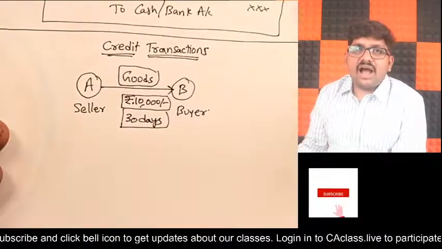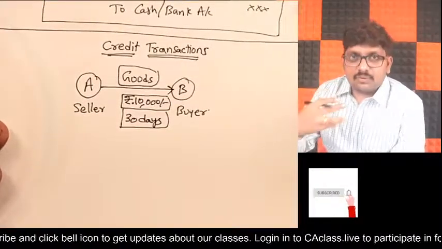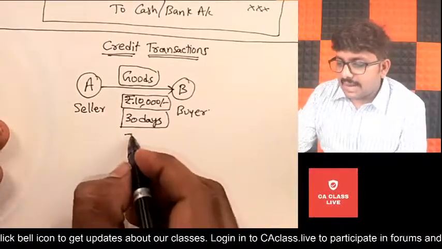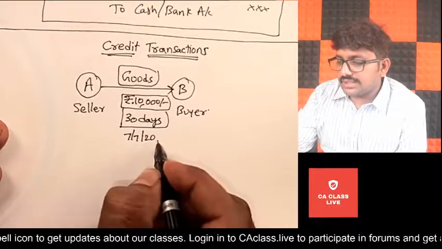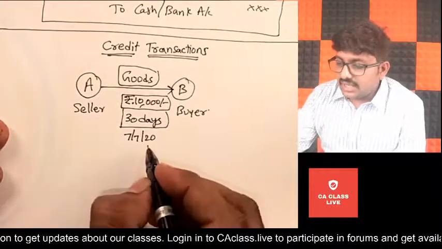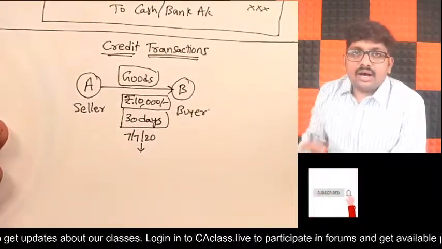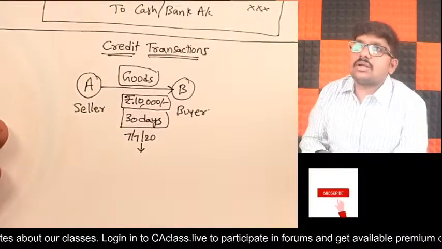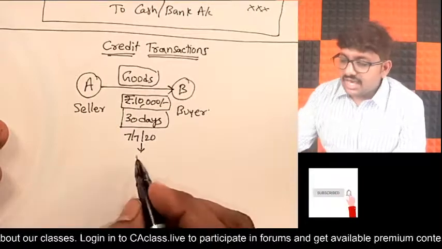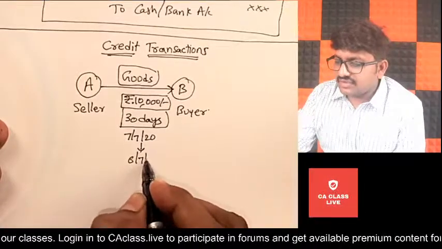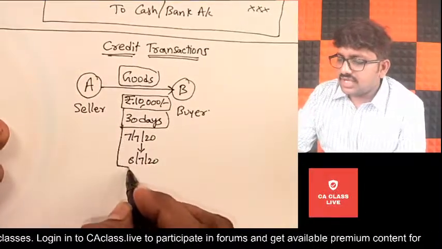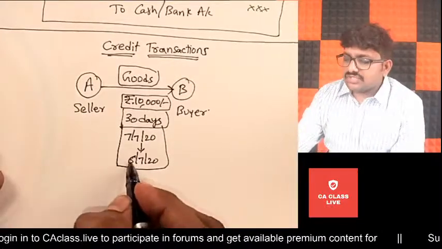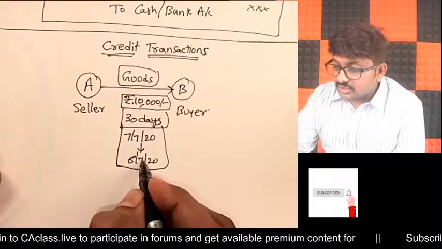So pay me after 30 days means what? Imagine the transaction has happened today, for example, on 7th of July 2020. From here he can pay after 30 days. July has 31 days, so approximately he has to pay on 6th of August.